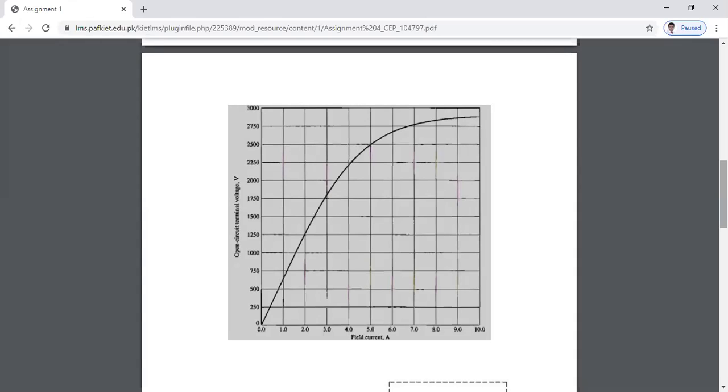You extract the AC supply out of it, and you are driving the rotor through mechanical energy. And in a synchronous motor, you supply the stator with a three-phase AC supply, and you also supply the rotor with a DC supply. And due to the magnetic field interaction between the rotor and the stator, the rotor starts rotating. So you input electrical energy and get mechanical energy out of it.